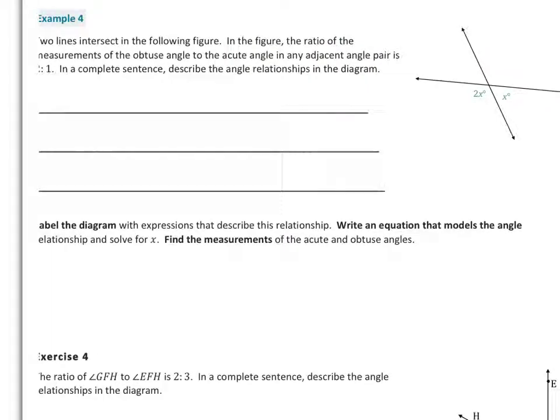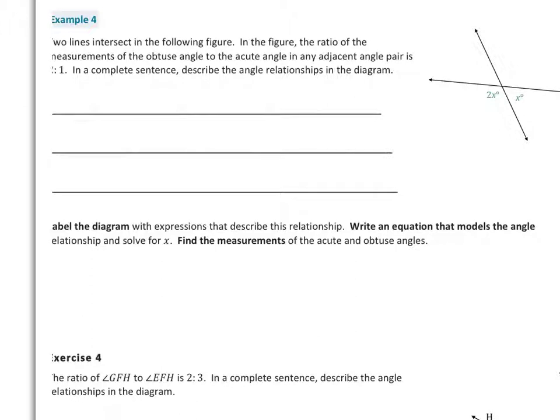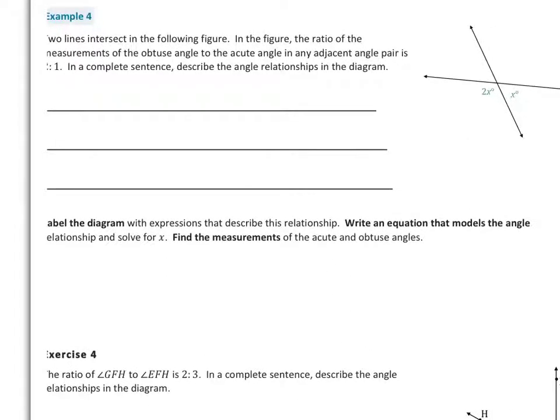Okay, class, we got a different situation here. We have two adjacent angles that said the ratio between the two of them is 2 to 1. And if we want to look at it this way, one is x and the other one's 2x.